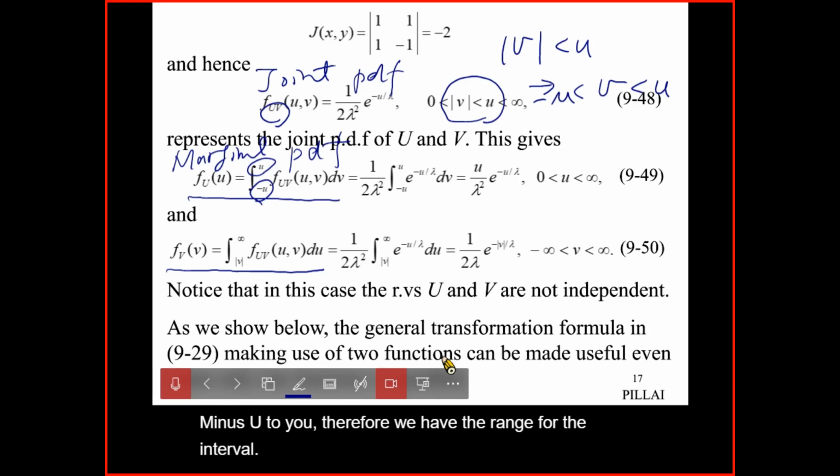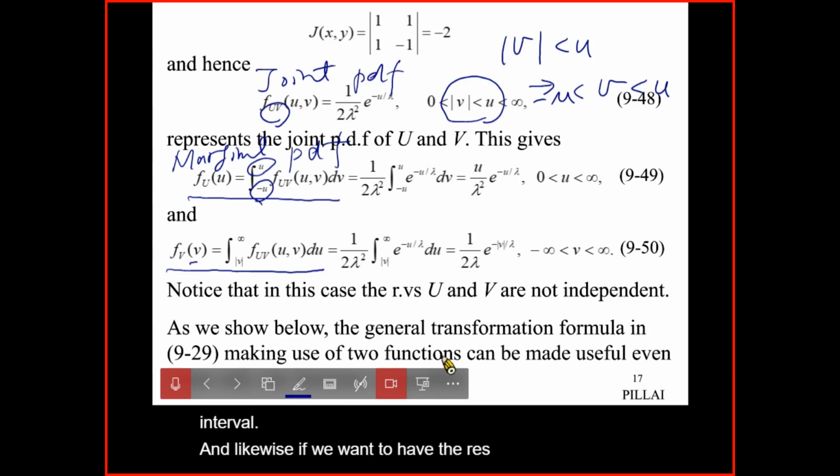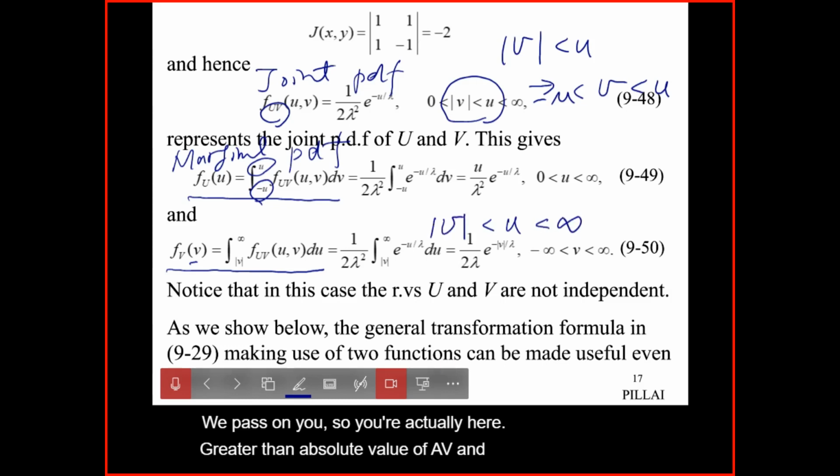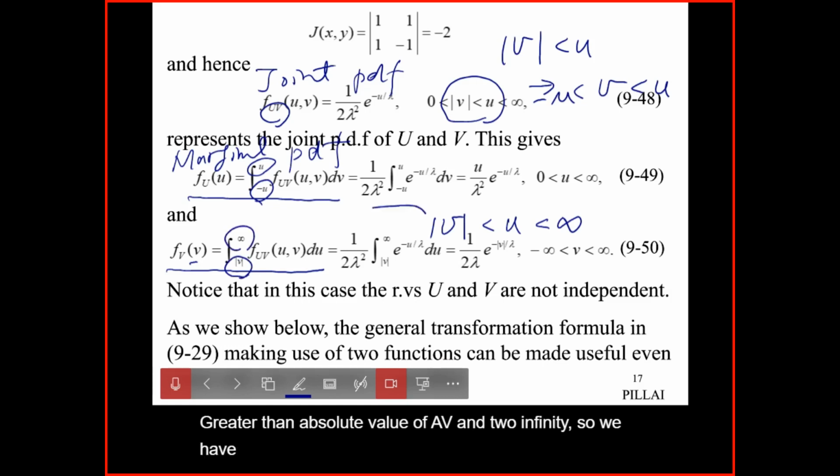Likewise, if we want the result for V based on U, U here is greater than the absolute value of V and goes to infinity. So we have the range.